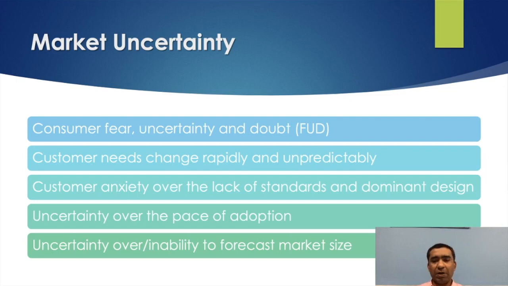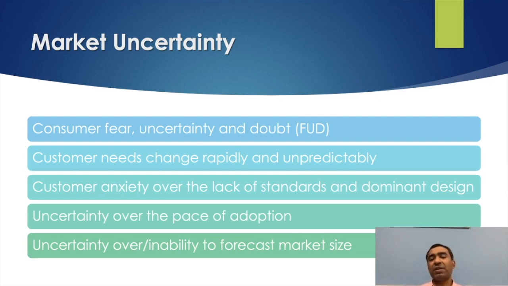Maybe in a few days customer requirements have changed. So that is another uncertainty for high tech products. When you have a high tech product, you have to deal with the market and the rapid changes in the needs of the customer. That is very important. It is still an uncertainty, and we have to handle this very carefully.